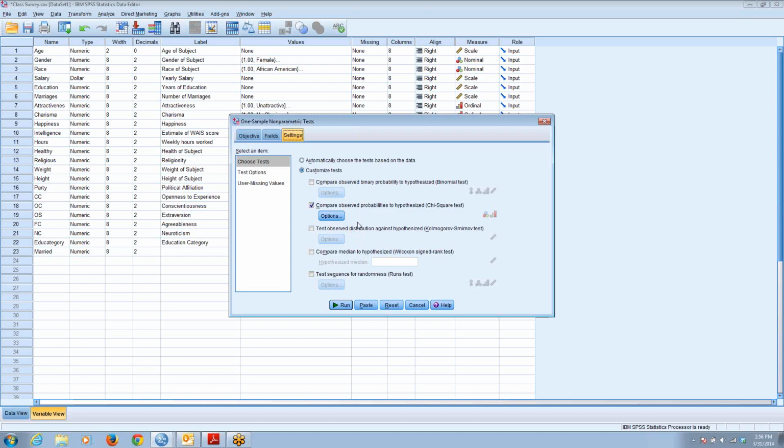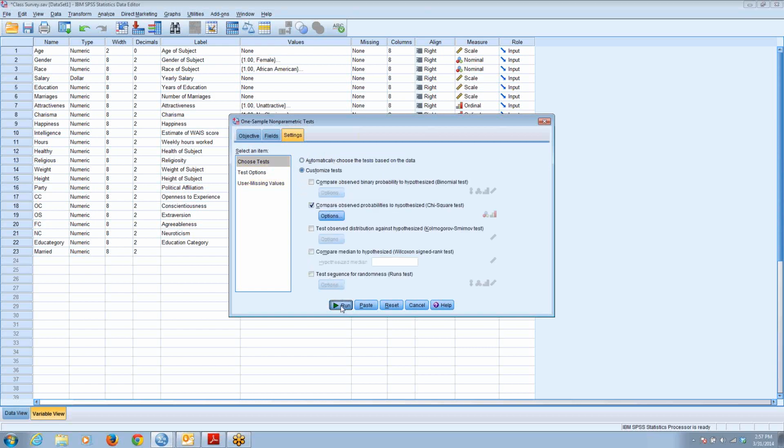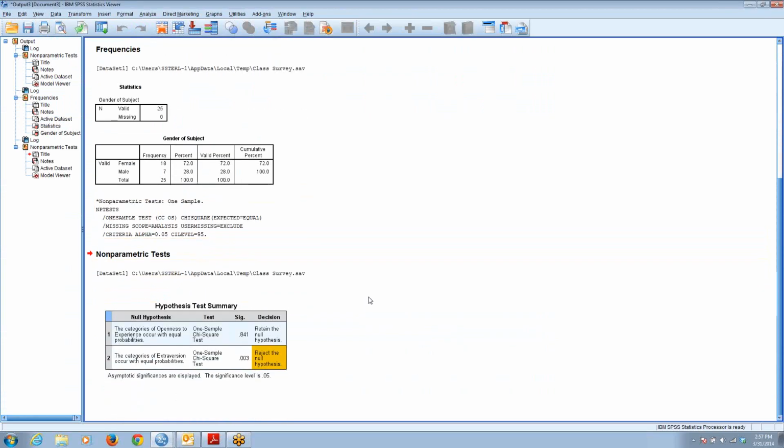And we'll just stay there with the chi-square test and hit run. Okay, now what we have is not what I wanted.